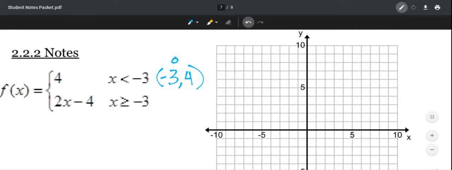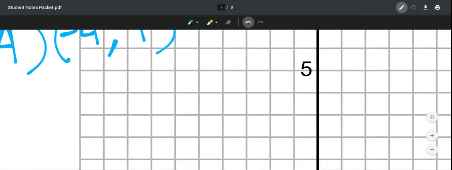It needs to be less than -3. So I'm choosing -4. I plug it in, and I get 4. And that's where my arrow goes. So -1, 2, 3, and 4. That is your open circle. And then we have -4, and there's my arrow.